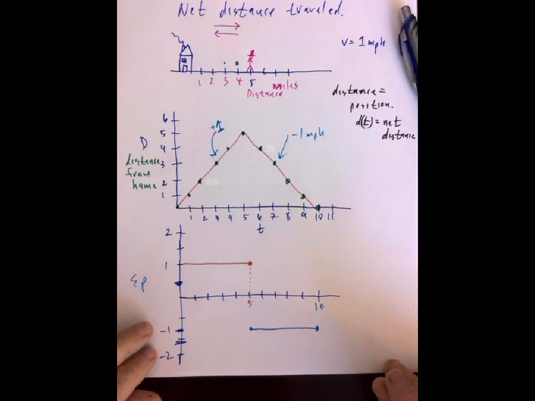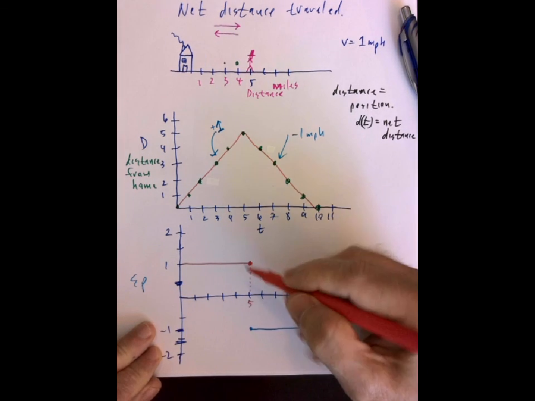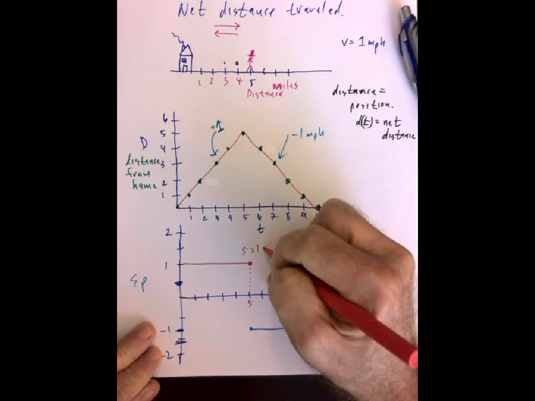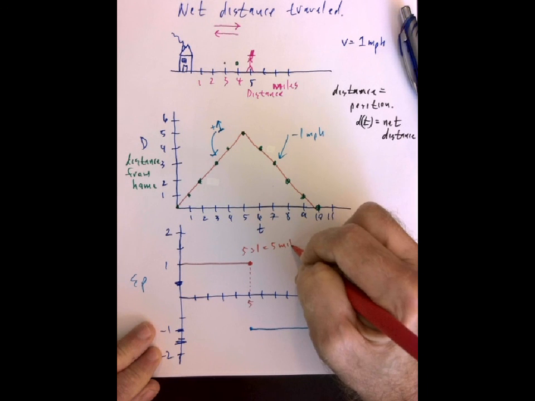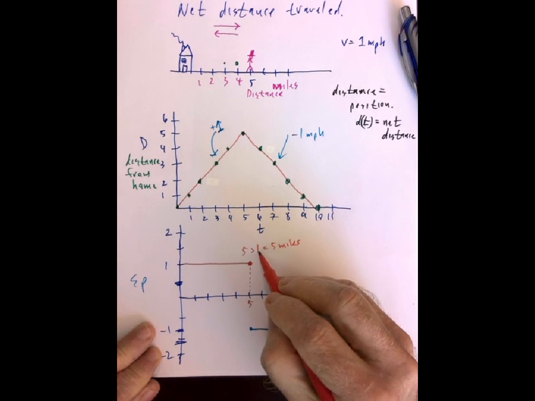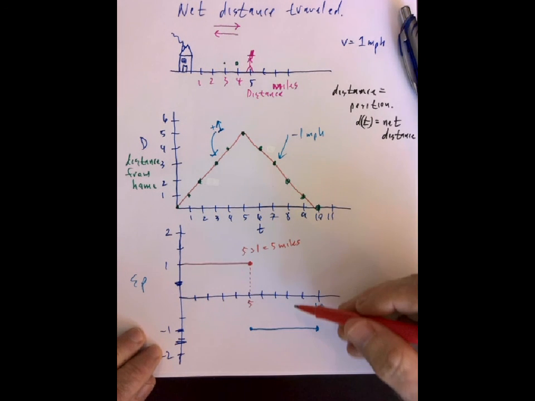We can get the exact distance because the whole thing's a rectangle. The area of the rectangle is 5 times 1, right? It's equal to 5 miles, or rather 1 mile per hour times 5 hours. We've got 5 miles.